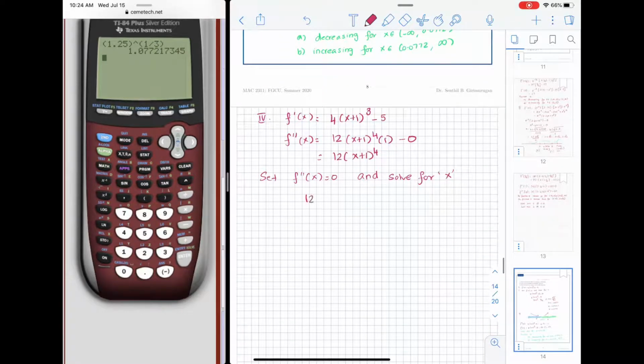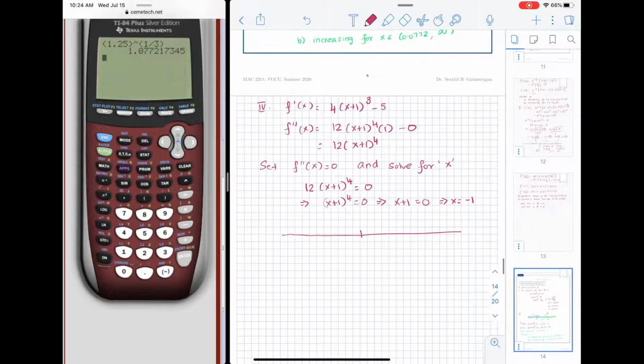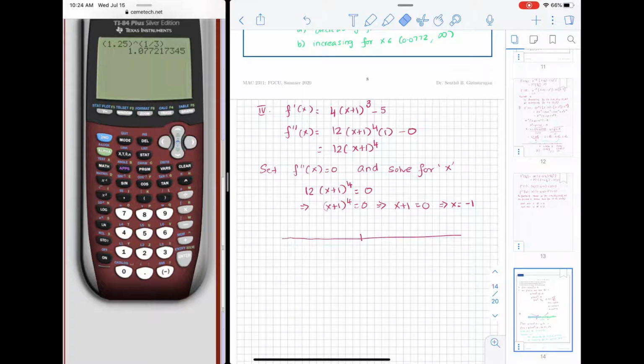So 12 times x plus 1 raised to 4 equals 0, which would imply x plus 1 raised to 4 equals 0. That would imply x plus 1 equals 0, so x is negative 1. So that is the point of inflection, according to... Oh, I'm sorry, square.